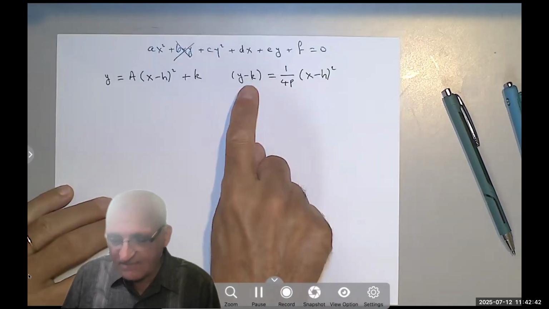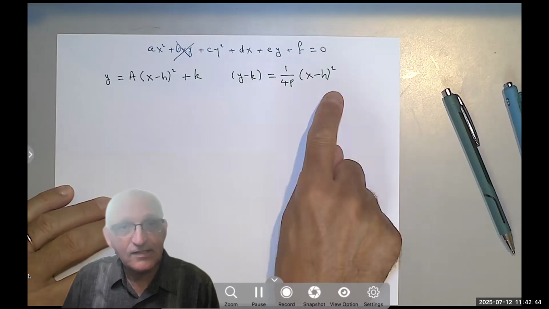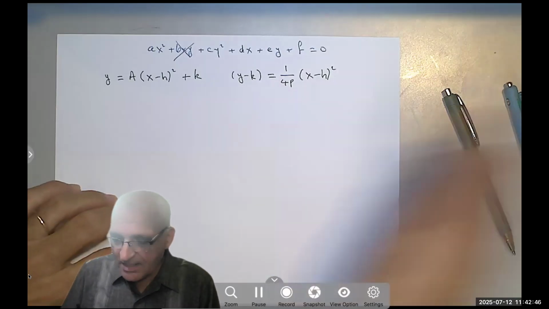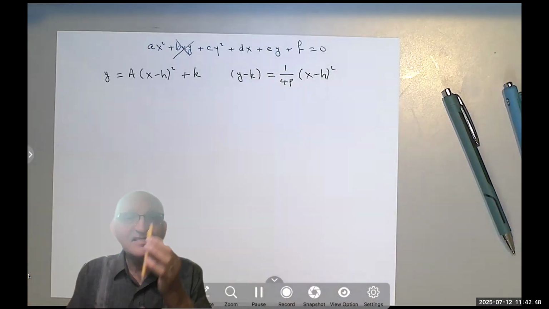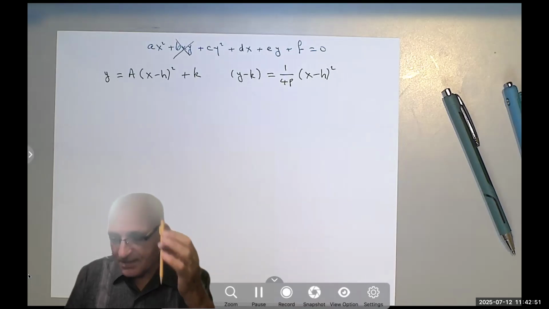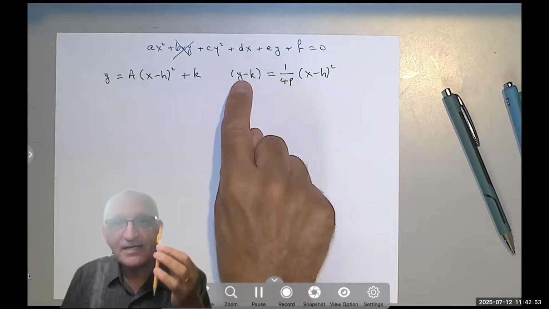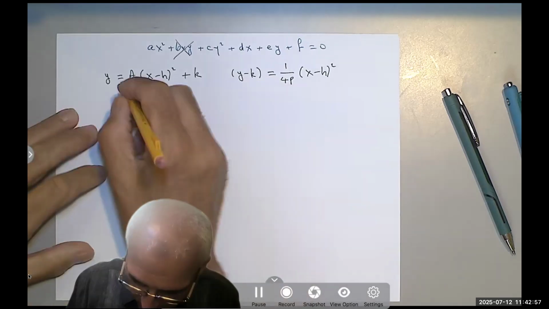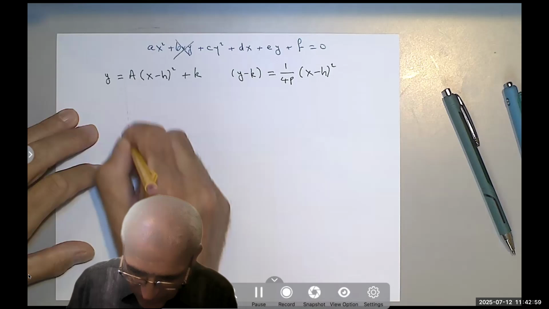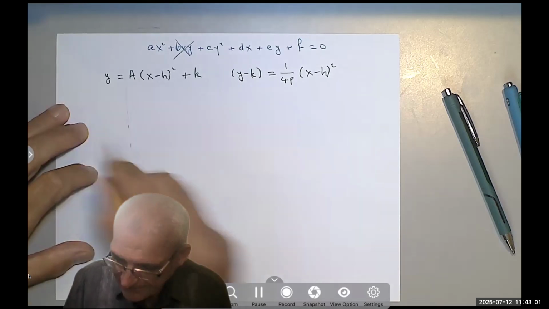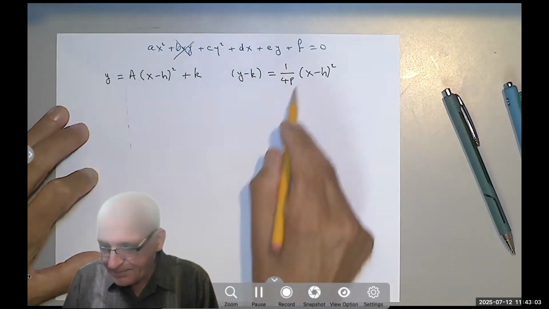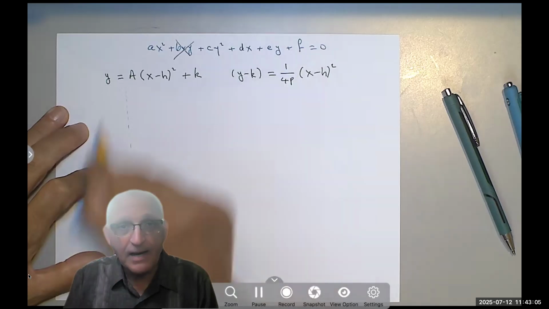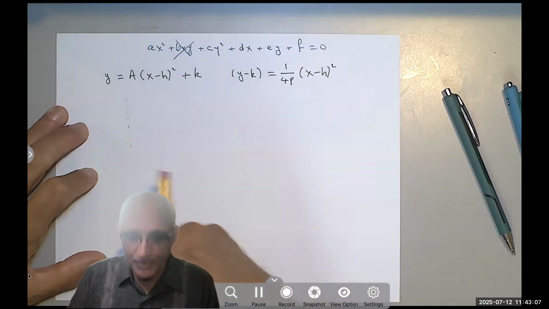If I have a parabola that looks like that, it means my axis of symmetry is parallel to the y-axis, always parallel to the one that is linear, not square. So I know my axis of symmetry is vertical, and my parabola, if 1 over 4p is positive, it's opening up. If it's negative, then it's opening down.